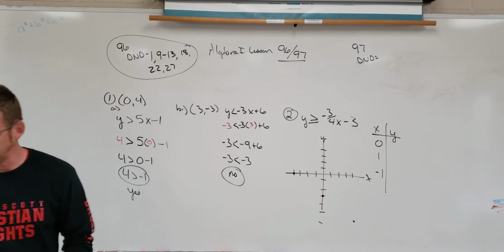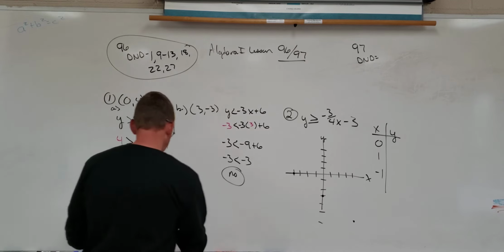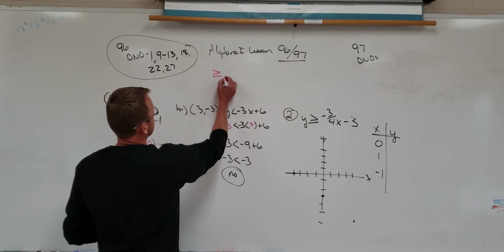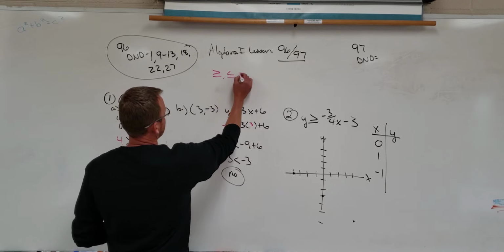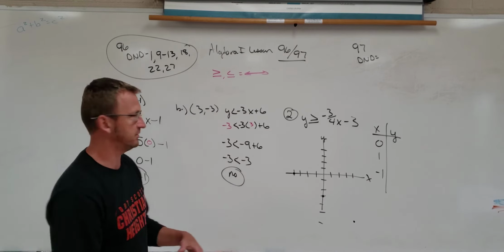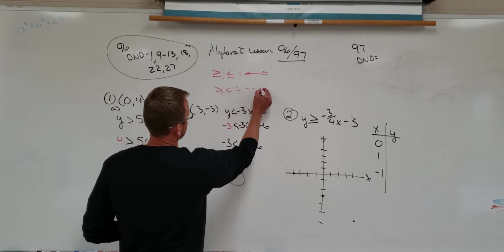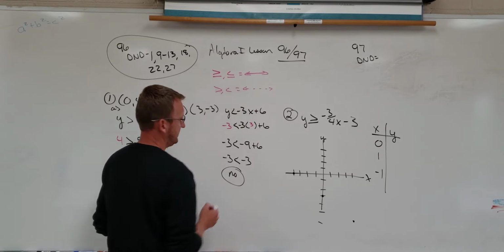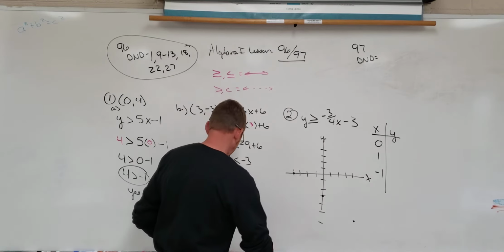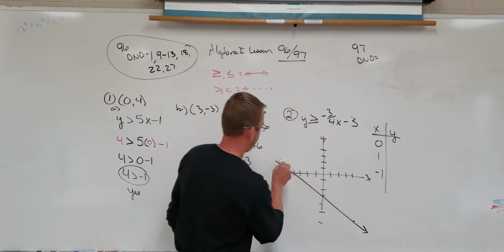Now, what we have to pay attention to with this lesson is, and we'll write it up here, greater than or equal to or less than or equal to, that is going to be a solid line because it is equal to. If it's just the greater than or less than signs, then we're going to do a dotted line. This one is equal to, so it's going to be a solid line down through these.